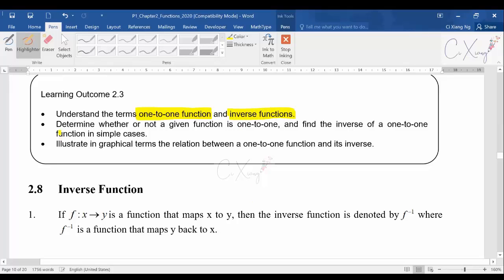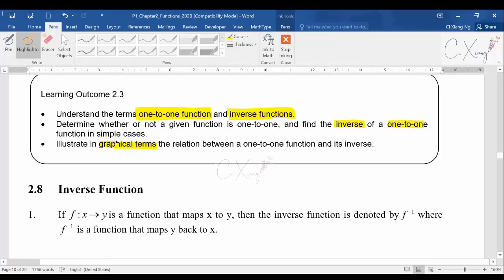Okay, so you have to determine whether or not a given function is one-to-one and find the inverse function of a one-to-one function in simple cases. And after that, they also want you to illustrate in graphical terms the relation between a one-to-one function and also the inverse. Right, so for today's video, we'll focus on the first two learning outcomes, and the graph part we'll cover in the next video or maybe in the next lesson.